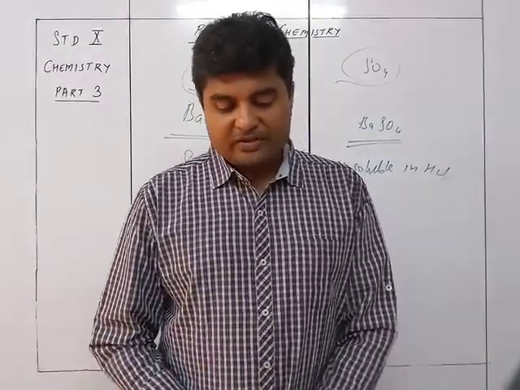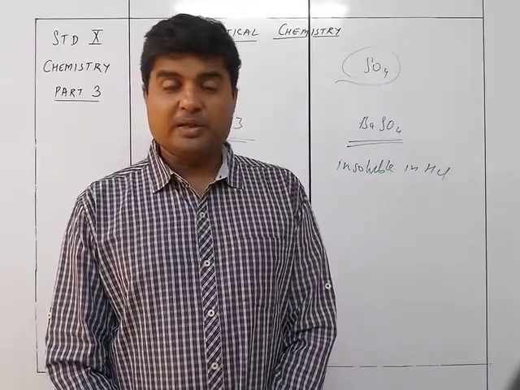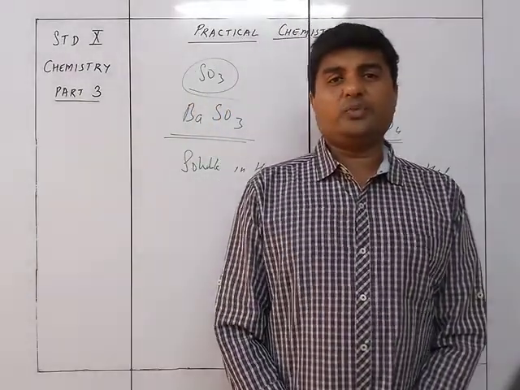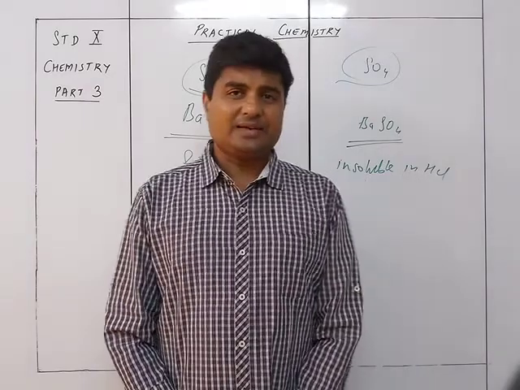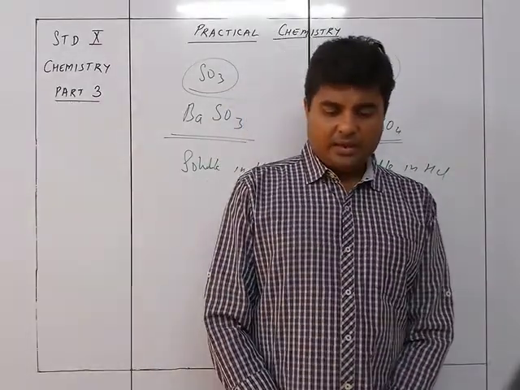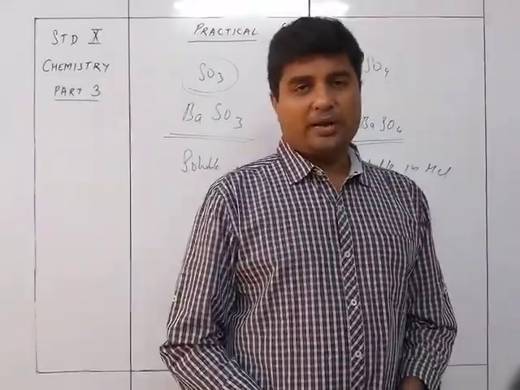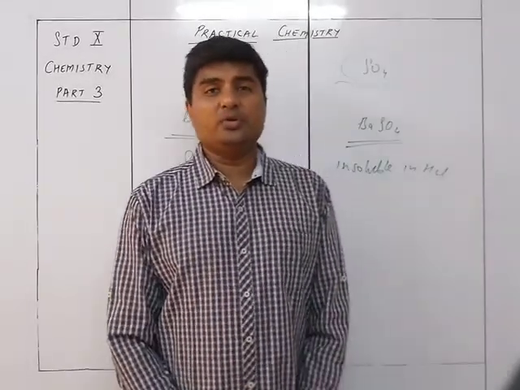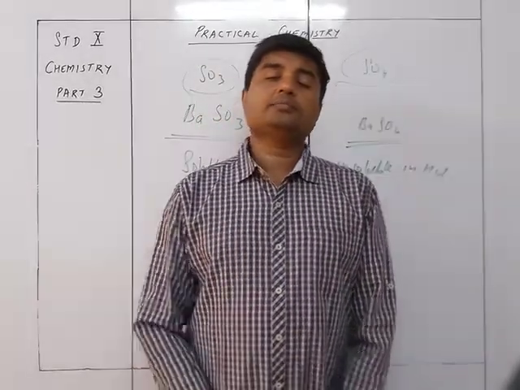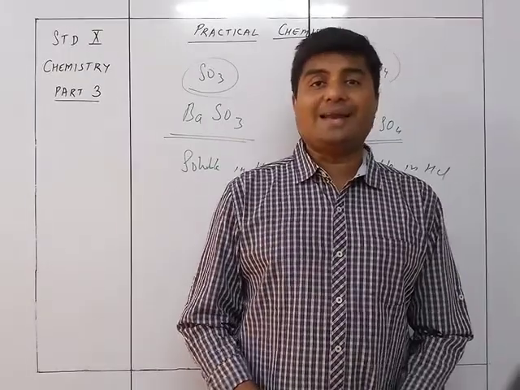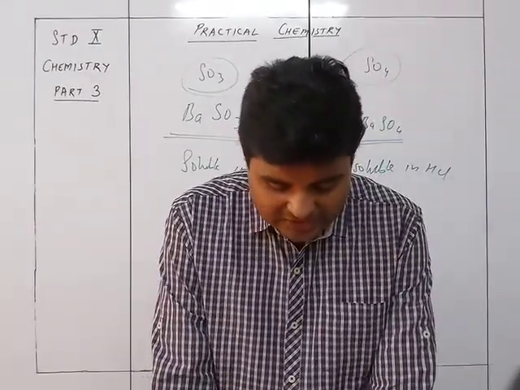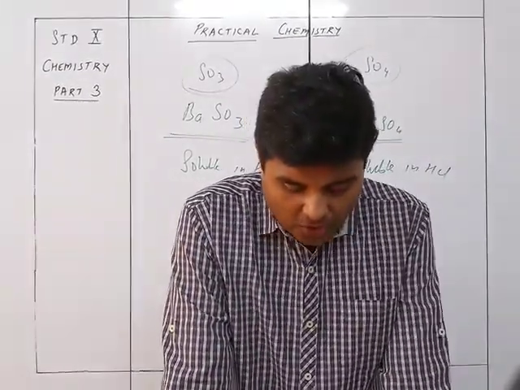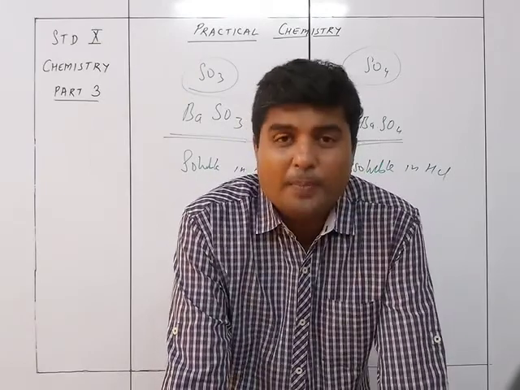Or if I take salt plus FeSO4 plus concentrated H2SO4, it will be the brown ring test. So whatever tests we did for nitric acid, the brown ring test or the evolution of NO2, are used for identification of the nitrate anion.